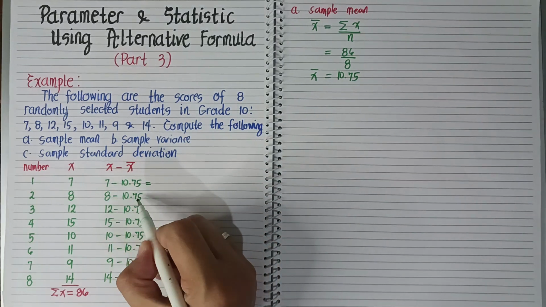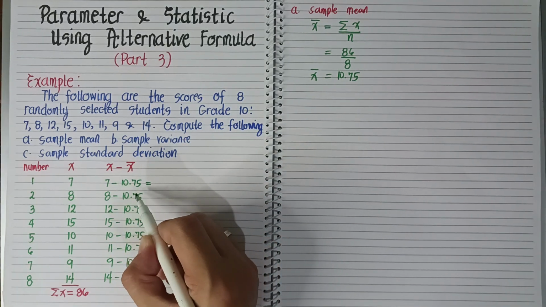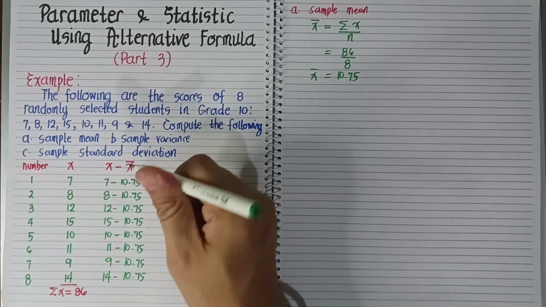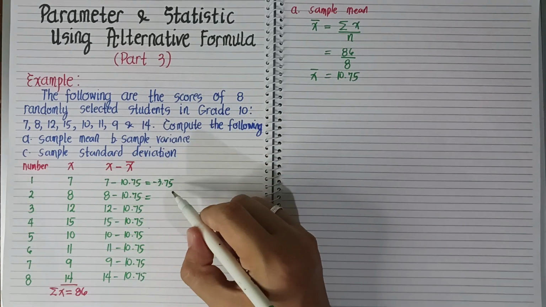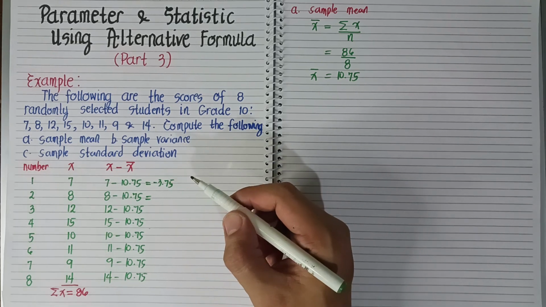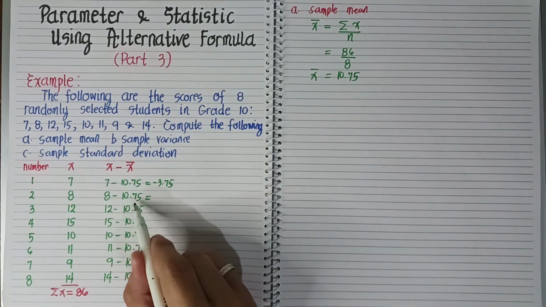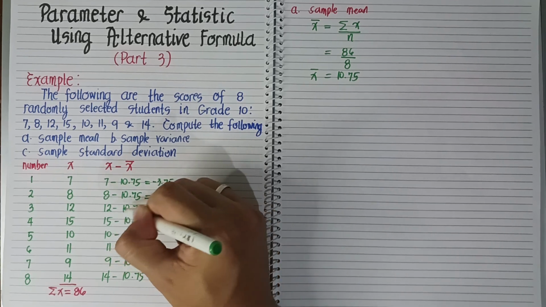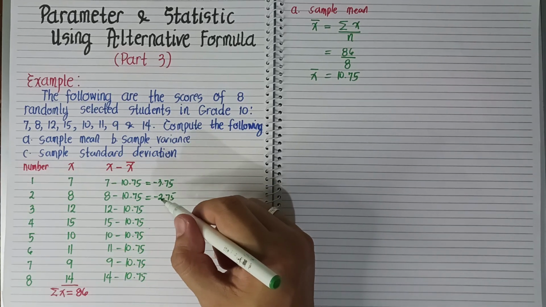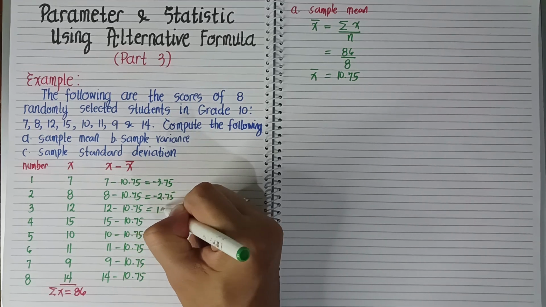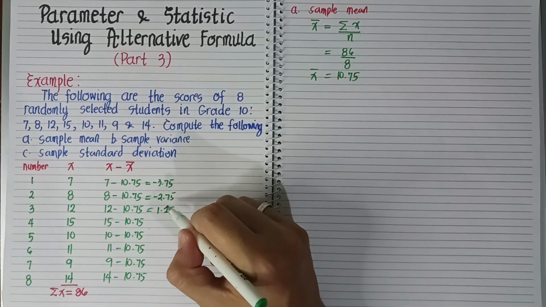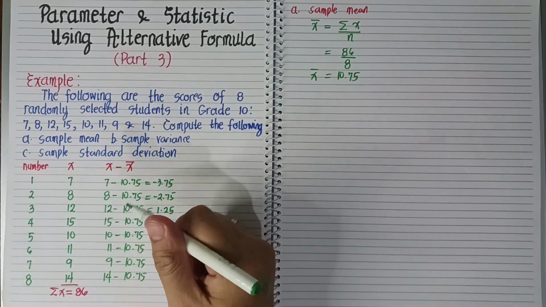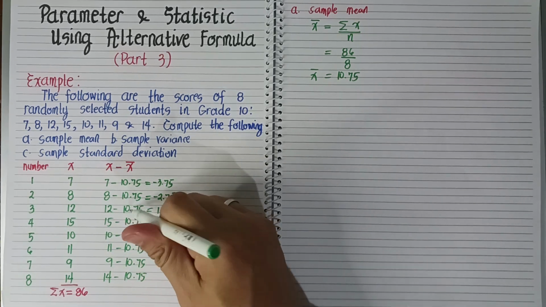Okay, so 7 minus 10.75 is negative 3.75. It doesn't matter if our answer is negative. Later on, we will square that, so it will become positive too. So, 8 minus 10.75 is negative 2.75. 12 minus 10.75 is equal to 1.25. Right? So guys, comment if I made a mistake in these computations. 15 minus 10.75 equals 4.25.